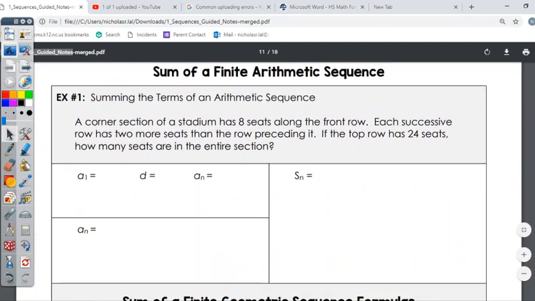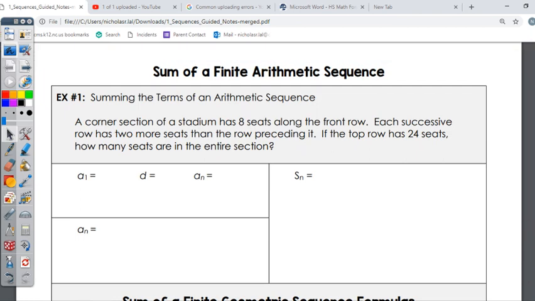So, finding the sum of a finite arithmetic sequence. Summing the terms of an arithmetic sequence. All right. A corner section of a stadium has 8 seats along the front row. Each successive row has 2 more seats than the row preceding it.